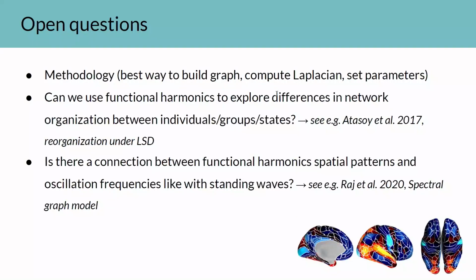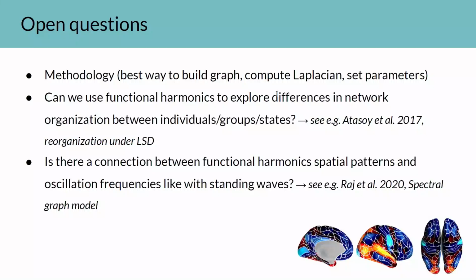Okay, open questions that you can also use as inspiration to ask me questions or ask questions later. There are lots of methodological questions that we still have to answer. We're trying to figure out how to use these harmonics to explore differences in network organization between individuals, groups, or different brain states.